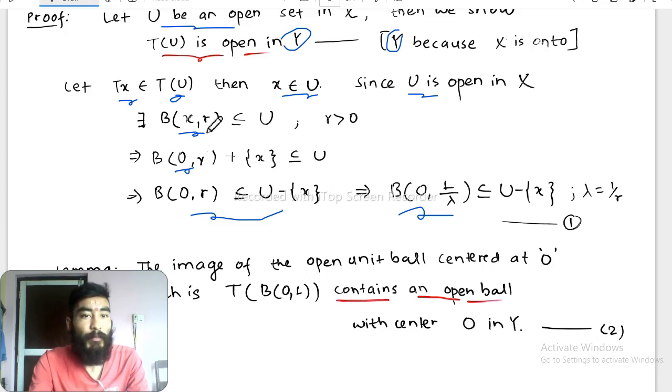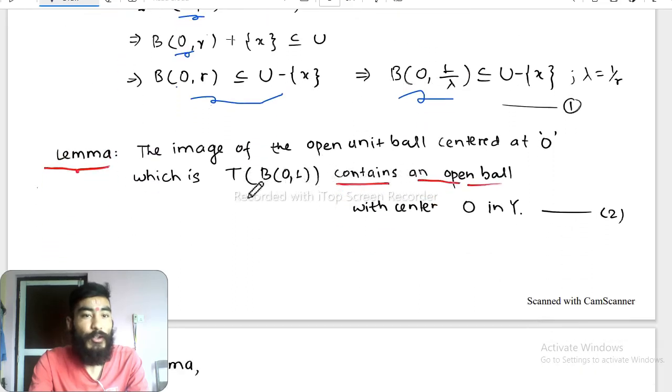We have decomposed this ball into a ball whose center is at 0 because we are going to use this lemma.